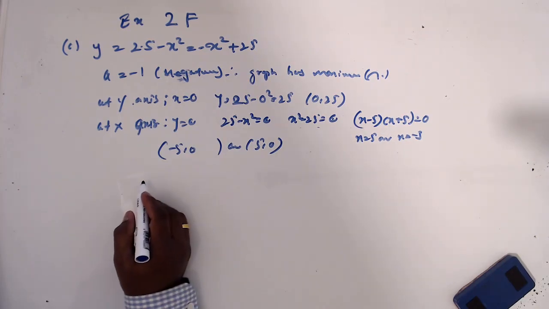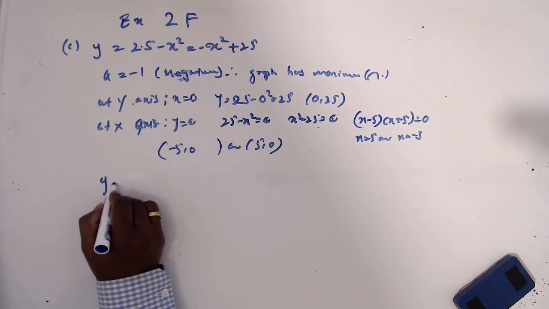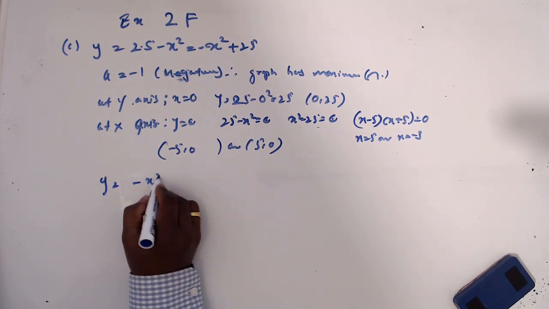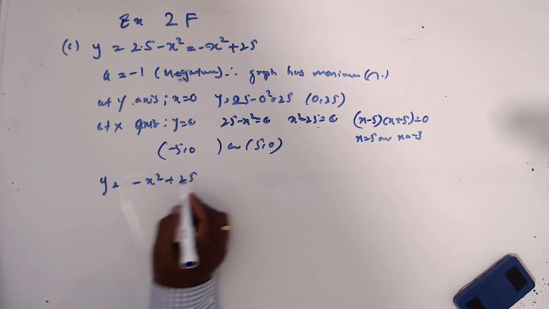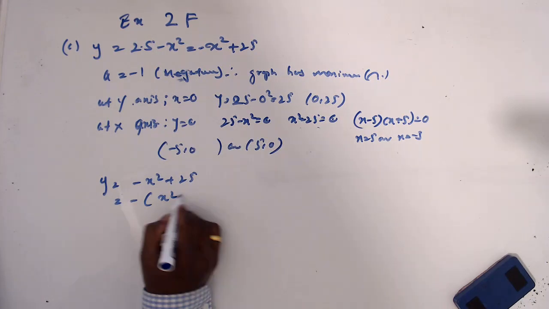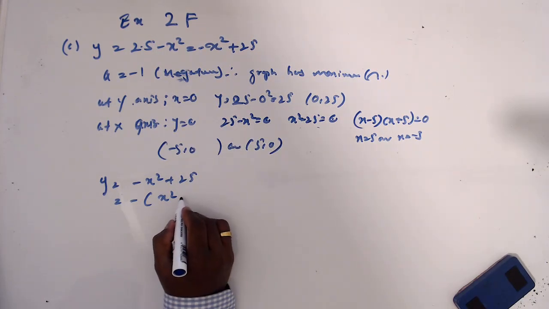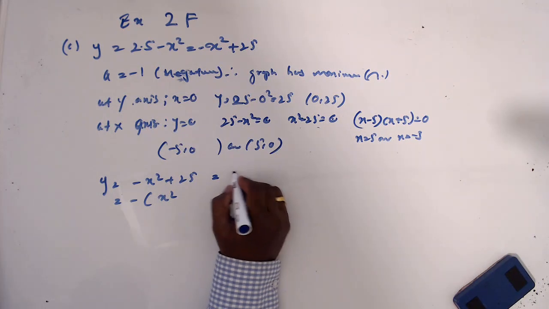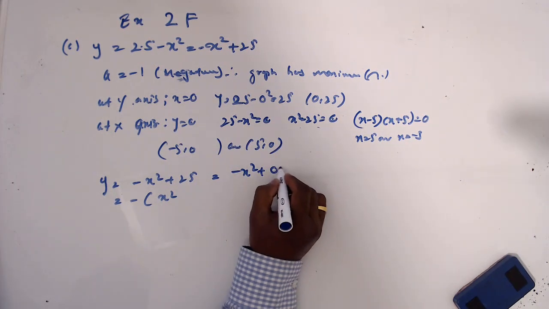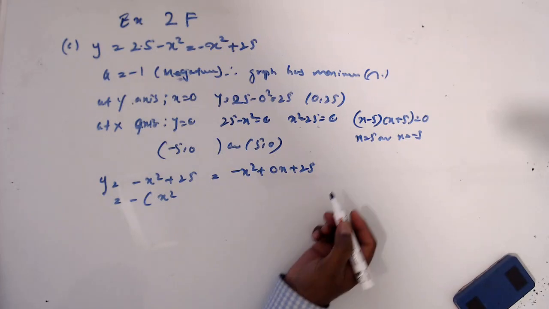And completing the square. Plus 25. Take minus out, x square. Let me write it like this, it is clear. 0x plus 25.